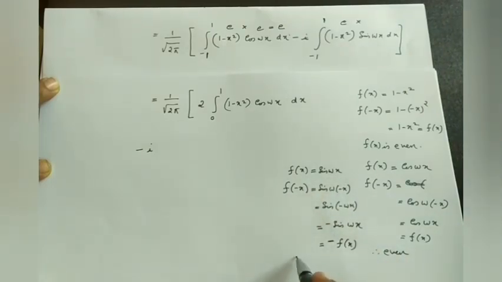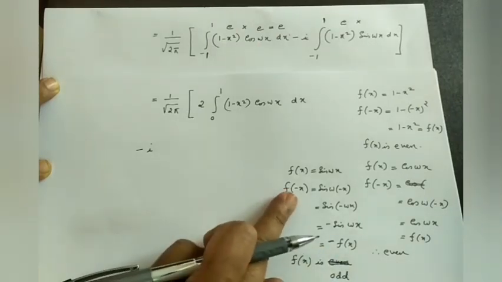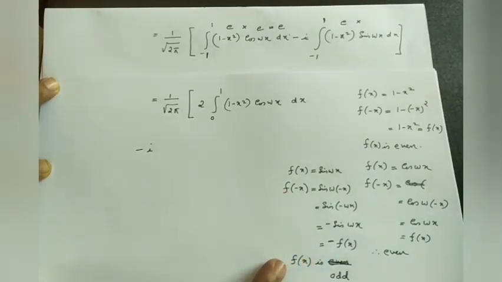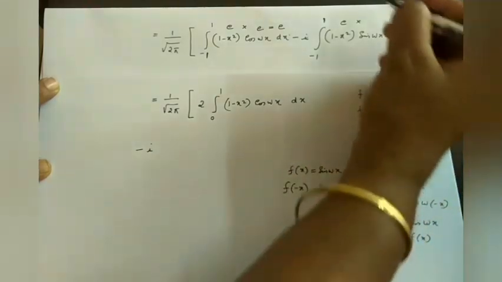Therefore the function f of x here, taken as sin omega x, is an odd function. If f of minus x is equal to minus f of x, then the function is odd.